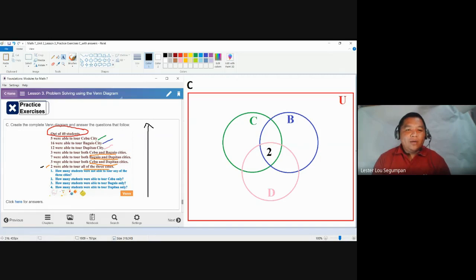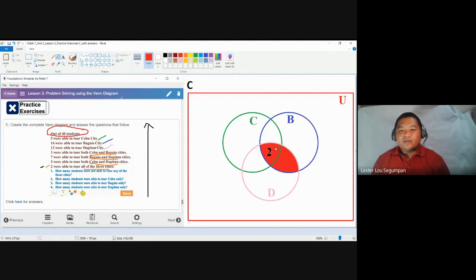Next, three were able to tour both Cebu and Dapitan. The area for Cebu and Dapitan is this area here.